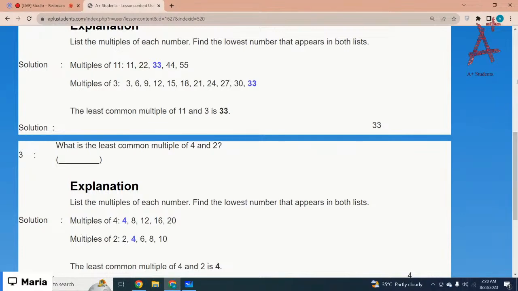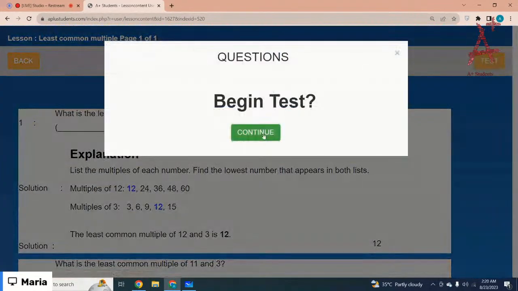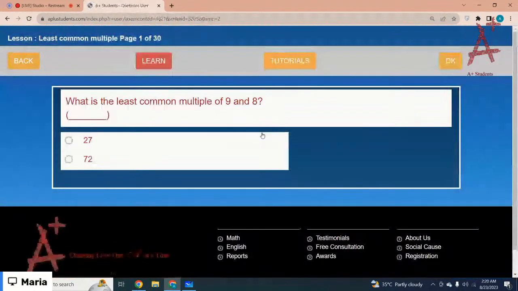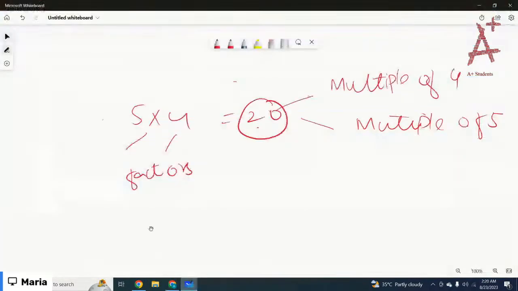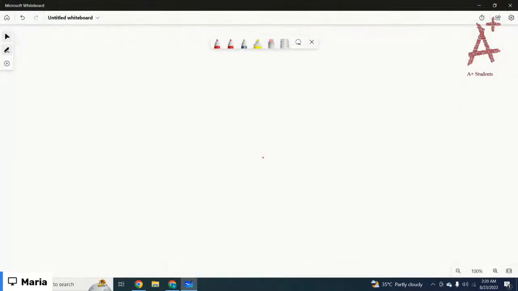Let's just start with the practice questions. What is the least common multiple of 9 and 8? Let's just make a list of the multiples of 9 and 8, then we'll see.